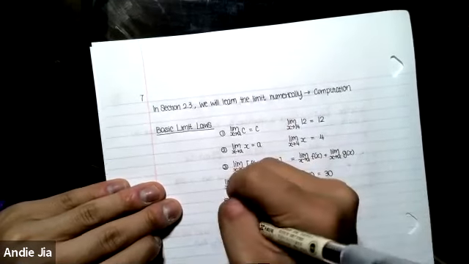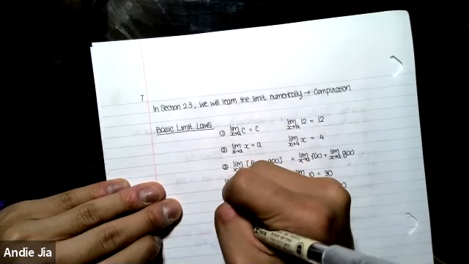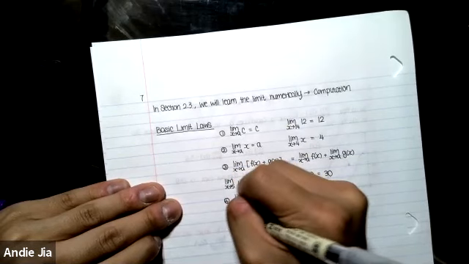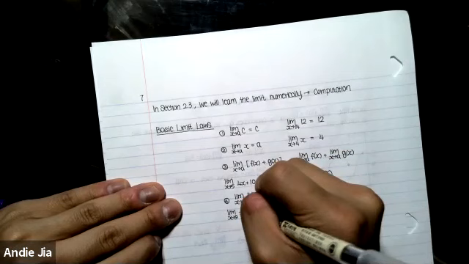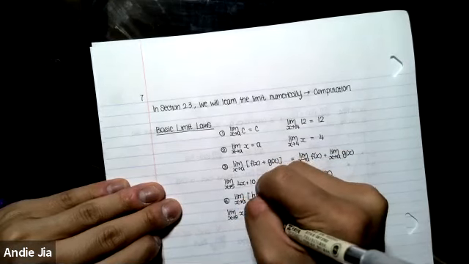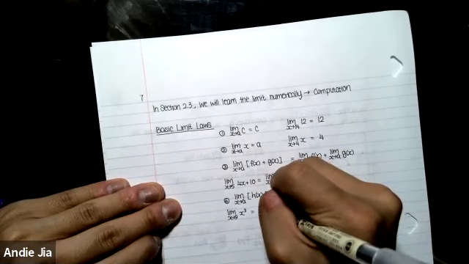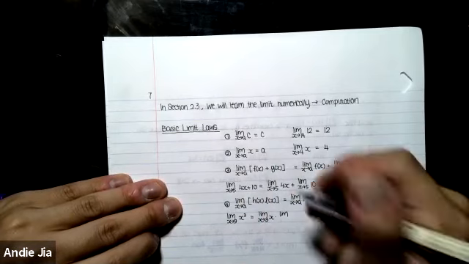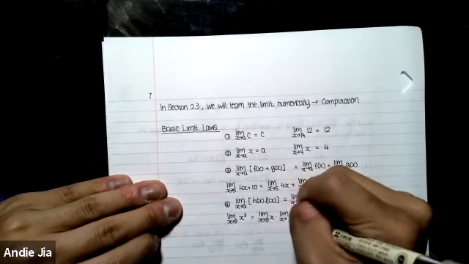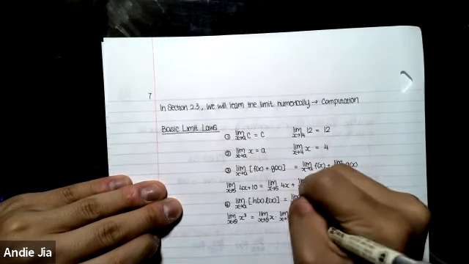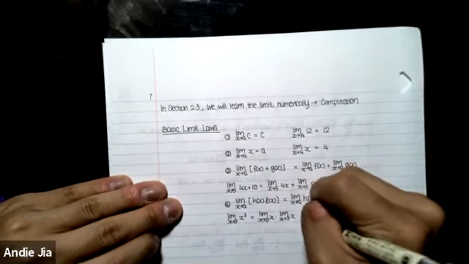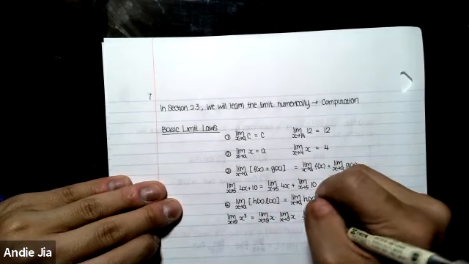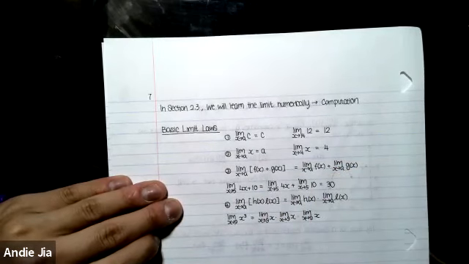For example, the limit as x approaches 9 of x cubed is equal to the limit as x approaches 9 of x, multiplied by the limit of x, multiplied by the limit of x.